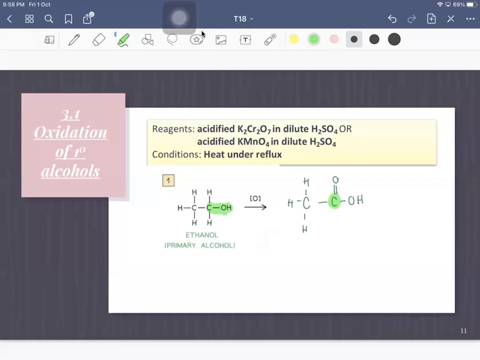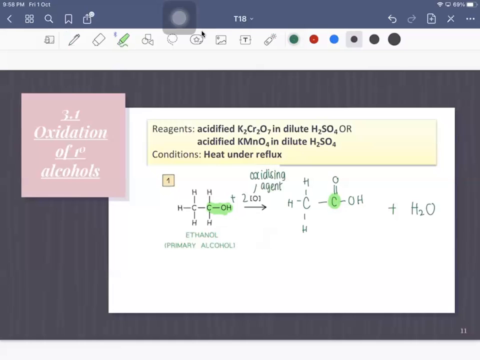Okay, the balanced equation is plus H2O, and you need 2 oxygen to balance the equation. The square bracket O is your oxidizing agent, either one, whichever you want to use.